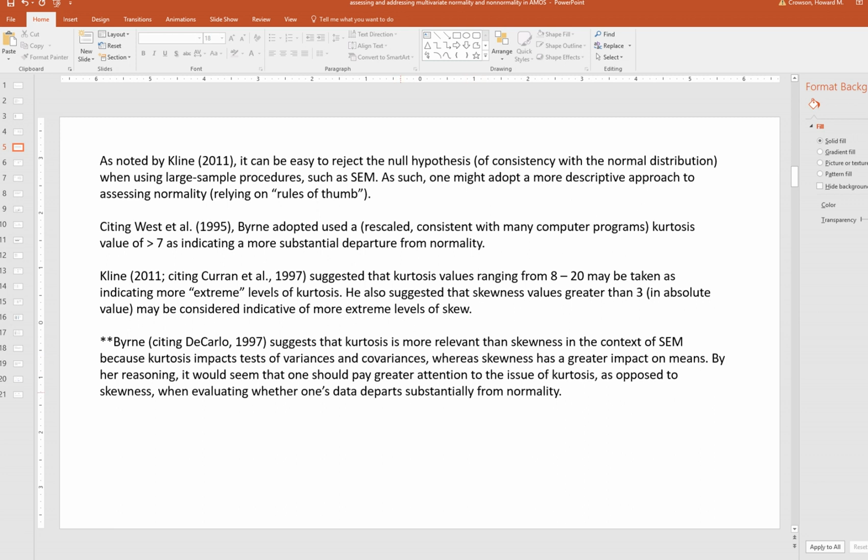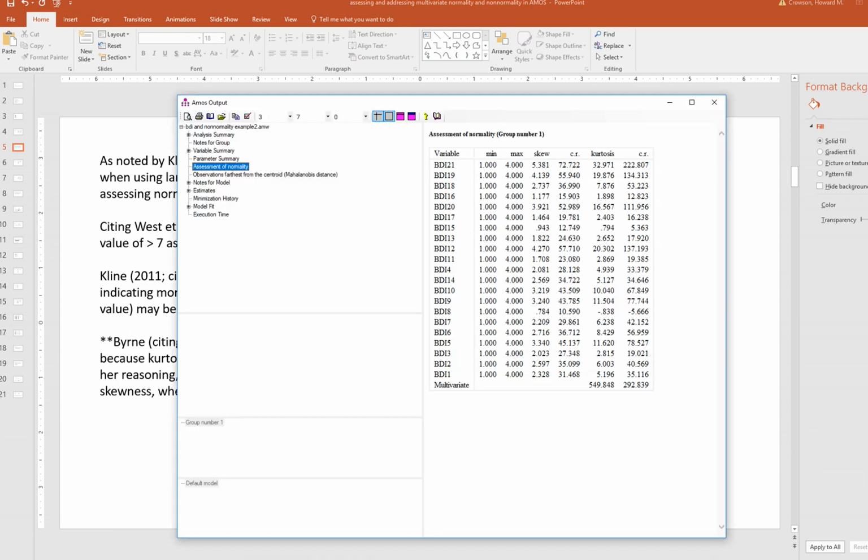So my read of her discussion is that we ought to place a little more emphasis on assessing kurtosis rather than skewness in the context of SEM. That probably also explains why in the AMOS output you'll see the multivariate kurtosis provided down here rather than any other kind of multivariate normality test.